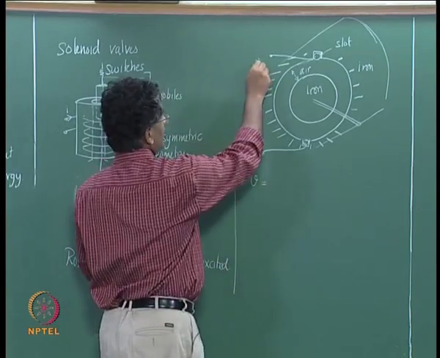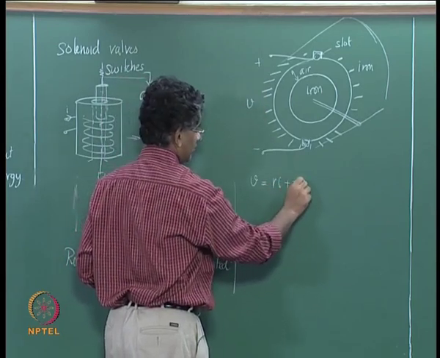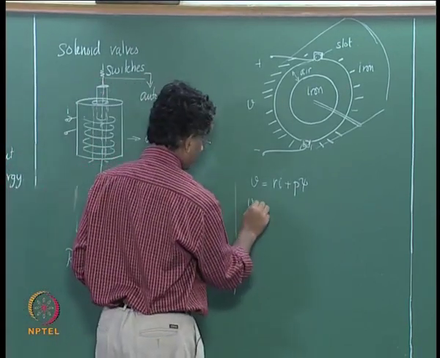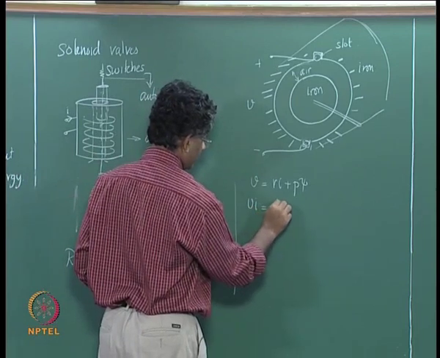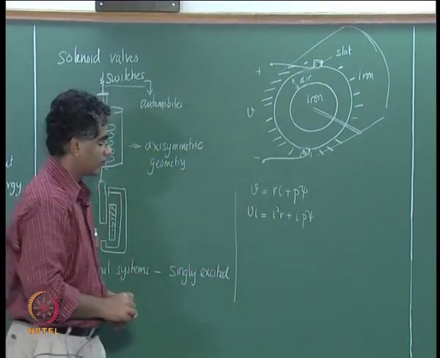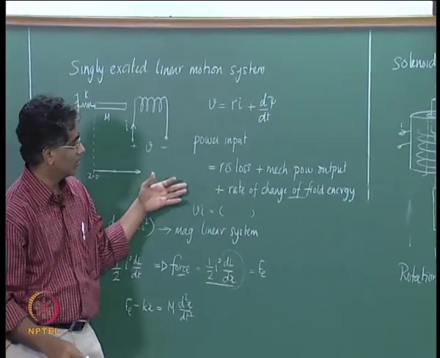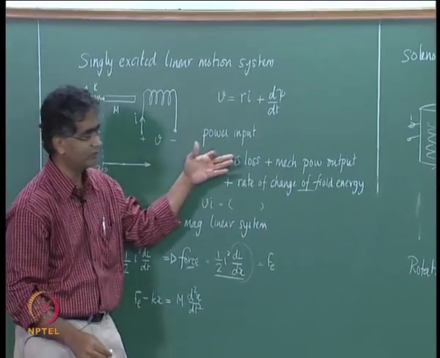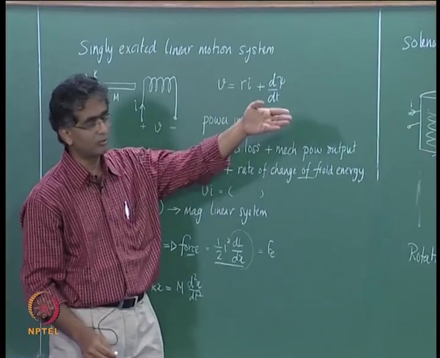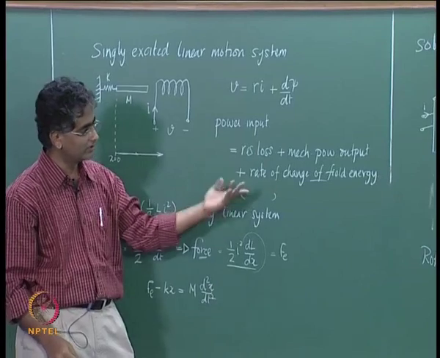The applied voltage V across these two terminals can be written as R into I plus P times psi, and then input power is Vi equal to I squared R plus I into P of psi, and we know that input power has to be equal to the same ways in which it is then consumed. You have a resistive loss component, you have a mechanical power output, hopefully it is there, and then you can have a rate of change of field energy.